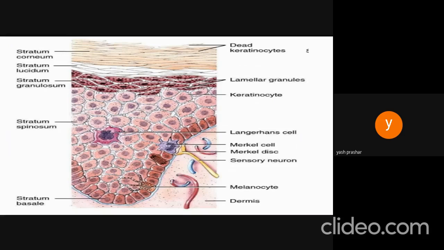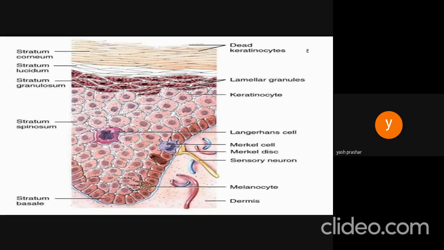Then the stratum lucidum, a clear layer, is present only in the skin of fingertips, palms, and soles, and it consists of 3 to 5 rows of clear, flat, dead keratinocytes with a large amount of keratin and thickened plasma membrane. The stratum corneum, the horny layer, consists of 25 to 30 rows of dead, flat keratinocytes that contain mostly keratin, and between the cells are lipids from the lamellar granules, making it a water repellent barrier.